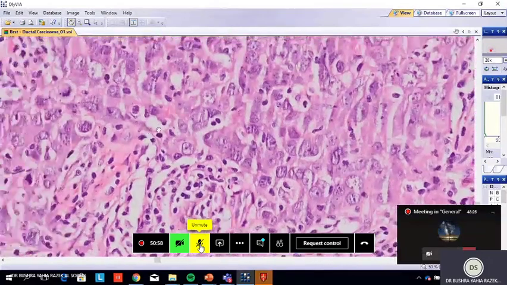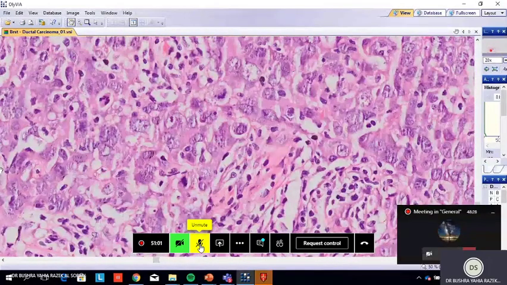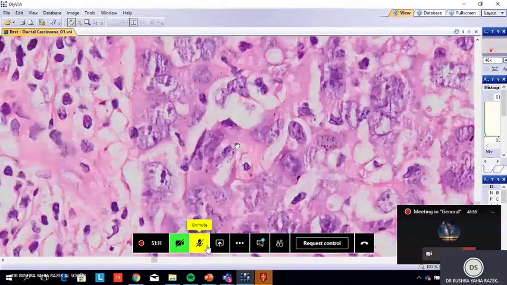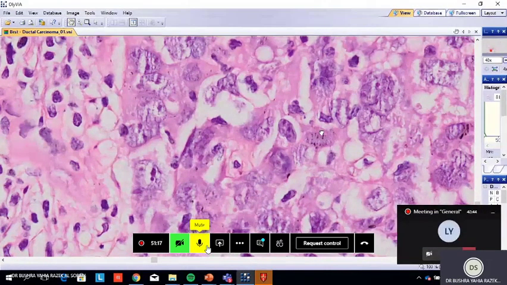So for mitosis, we have to count in 10 high power fields. So we have to increase the power until 40. This is 40. We said 10 high power fields means you increase the power until 40, right?